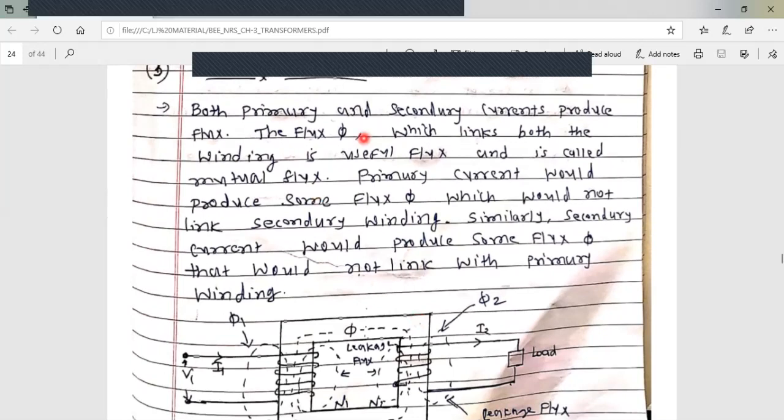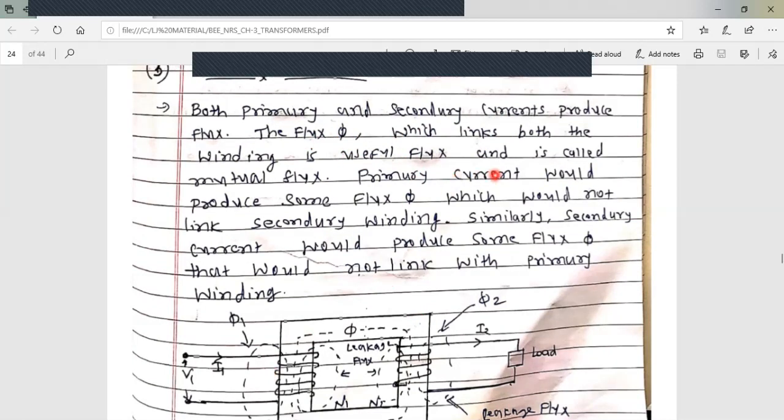Here primary and secondary current produce flux which links with both the windings. Remember, in the ideal transformer we said that all the flux generated by the primary winding linked with the secondary winding. But in the case of a practical transformer, that will not happen.